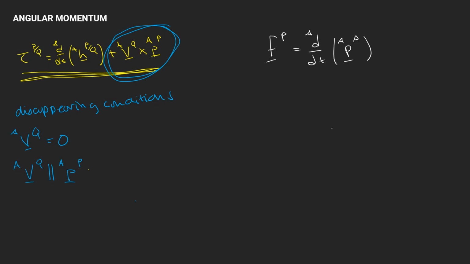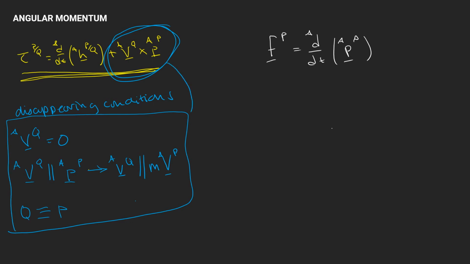So in other words, when these vectors, specifically the two velocity vectors, are parallel to one another. And lastly, we have also a condition where Q is actually just equal to point P, right? And so these are just some of the conditions in which this term will disappear. But again, just to emphasize, there are times when it does not. And so just remember that that's a key difference between the two relationships.